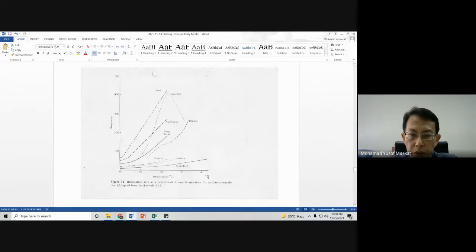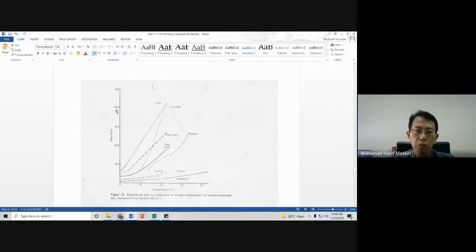When we reduce the temperature, meaning that we are moving from the right to the left, because this is the temperature, you can see the rate of respiration is reducing. Although they do not reduce in parallel or at a similar rate, all of them are reducing.